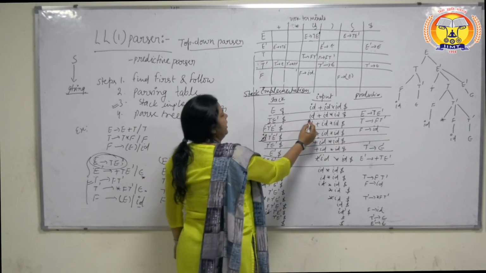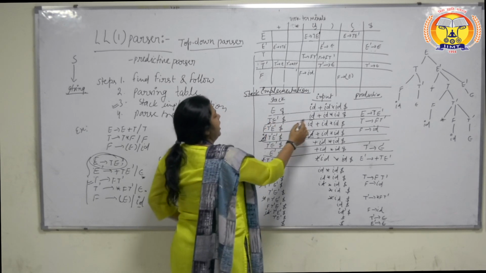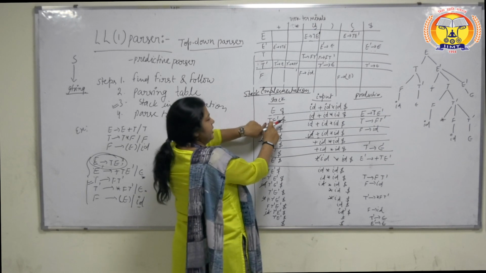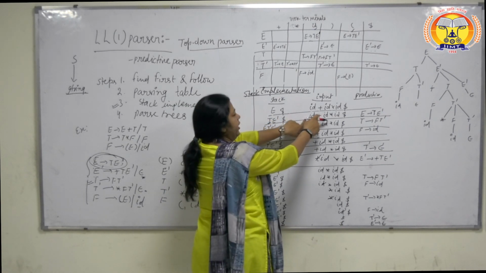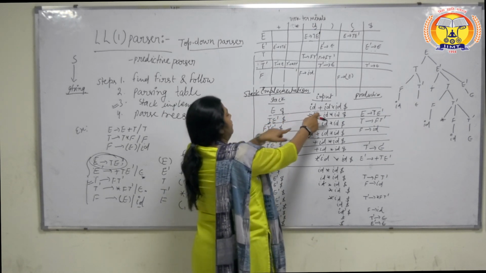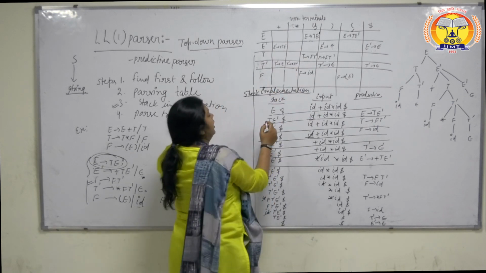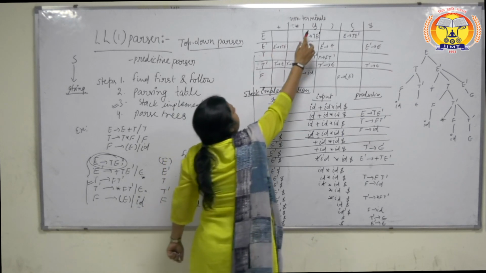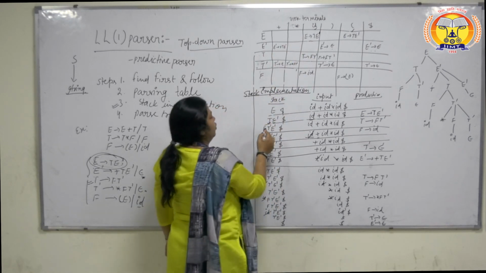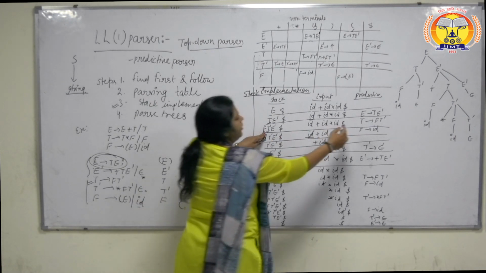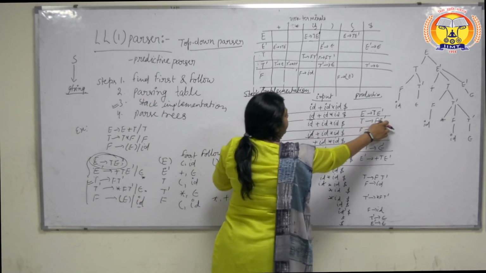Now this T and ID, we will check T. We will take the terminal symbol from the top of the stack and the input in the string, match this and check the entry from that table. T and ID is T tends to F T dash. So we will put T tends to F T dash here.